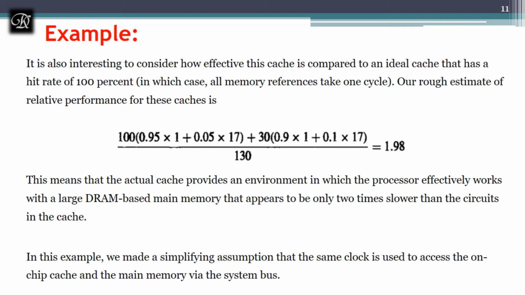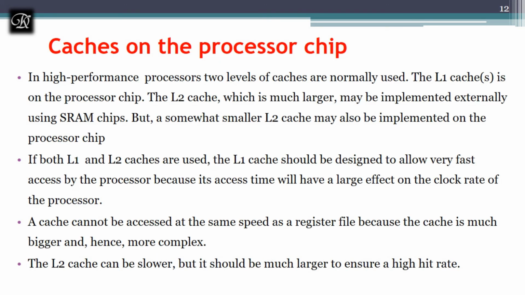In this example, simplifying assumptions are made that the same clock is used to access the on-chip cache and the main memory. Here everything is synchronous, and the transmission time between processor and RAM, RAM and cache, and cache and RAM is the same. We have considered the ideal case.